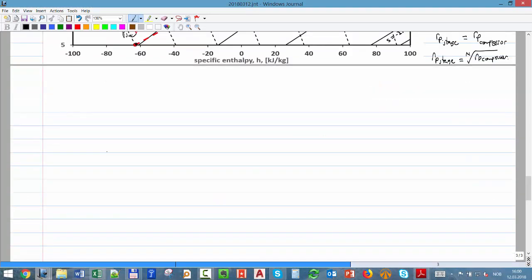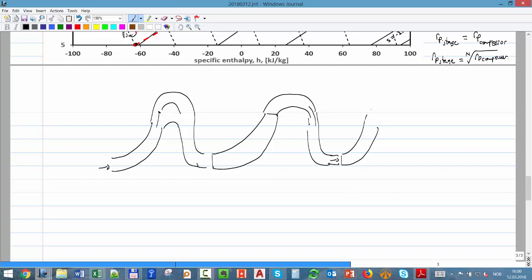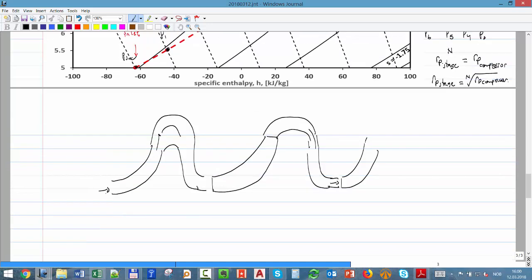Let's say we have an impeller, the fluid comes on this side, then you have some structure that takes it to the next impeller. Okay, and then you have another structure or another passage that takes it to the next stage. So how will the real process look like, just to close before a break?